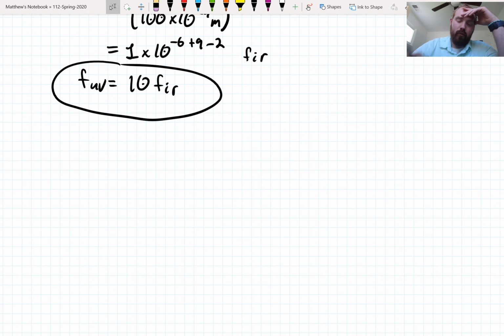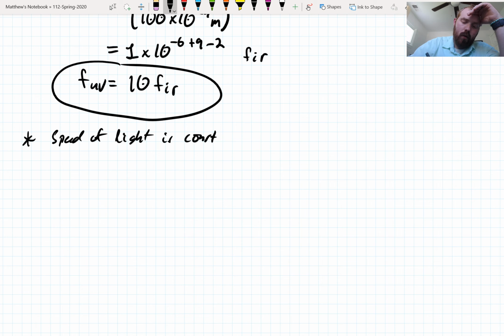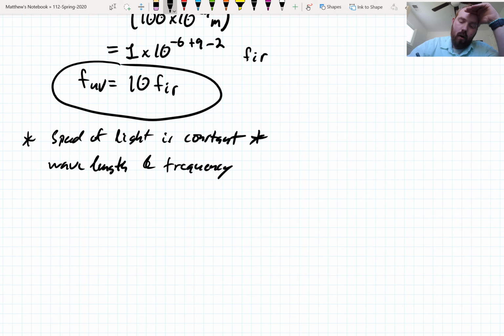So the takeaway from this: speed of light is constant. Never forget that. The result of this is that wavelength and frequency are inversely proportional.